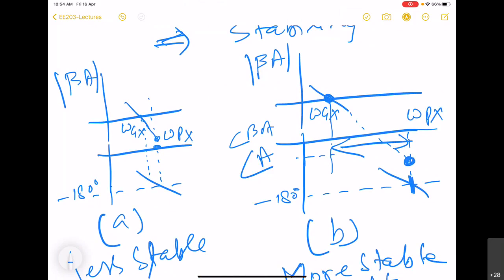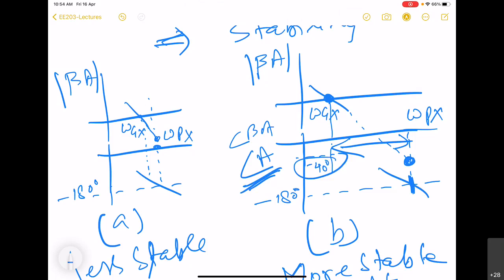Because this omega gx is more and more on the left hand side, the phase is going to be smaller and smaller in numerical value, but of course with the sign. For example, in this case it could be minus 40 degree. If you add this 40 degree to 180 degree, you get 140 degree.